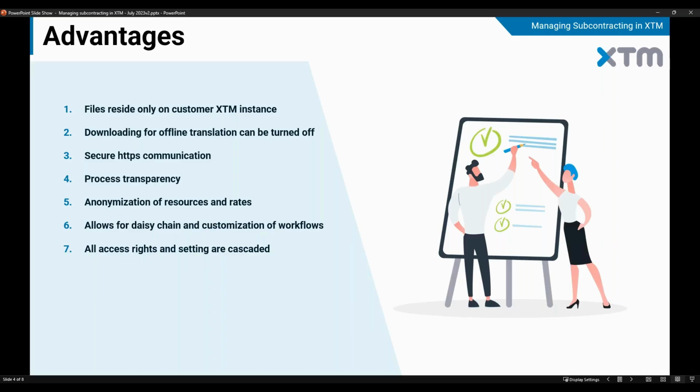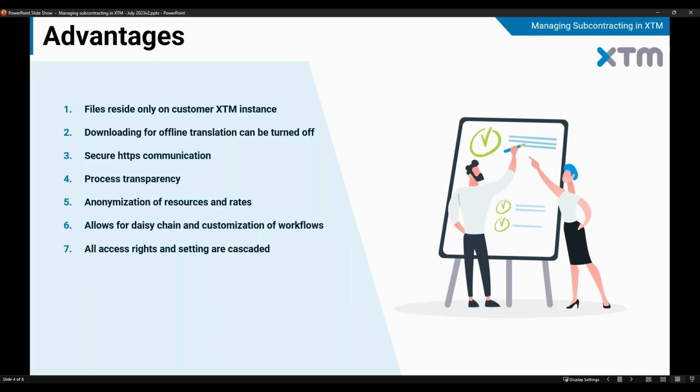XTM has a capability of allowing the download of bilingual files so that they are processed offline using an editor. This can be switched off, so potentially, if you have highly confidential documents or anything like that you don't want to go offline, this can be disabled globally. Secure HTTPS communication. We use a secure HTTPS communication, so always when doing subcontracting, it is very, very secure and there is complete process transparency.